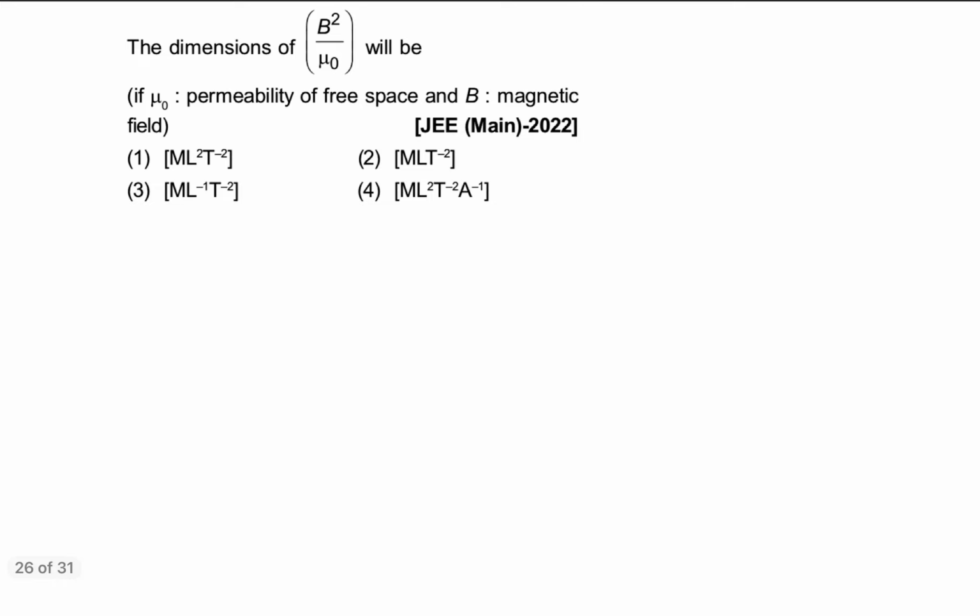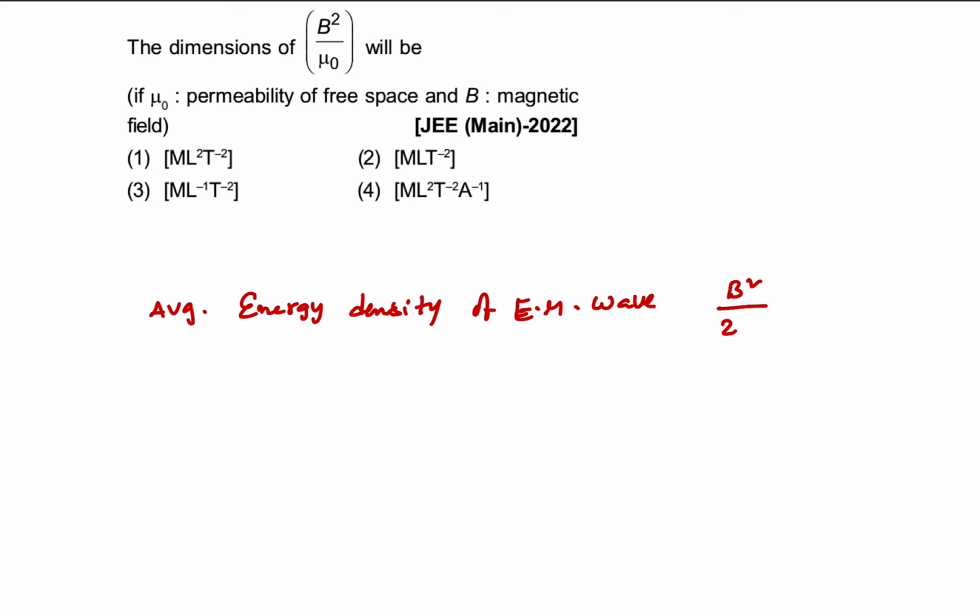Next one, dimension of B square by mu naught will be. You might have studied energy density. The average energy density of an electromagnetic wave is B square divided by 2 mu naught.